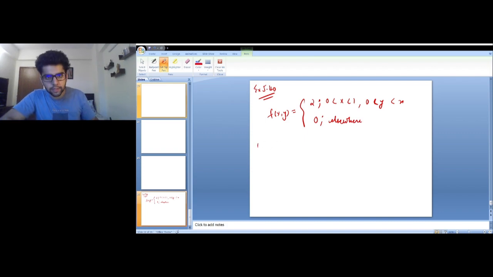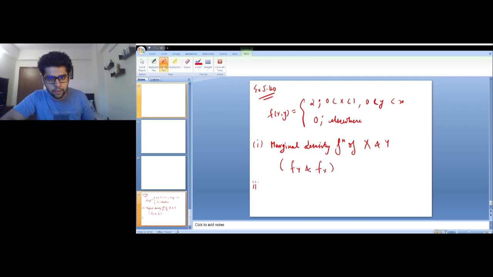So the first part says that find the marginal density functions of x and y. Therefore we need to find f of y and f of x.